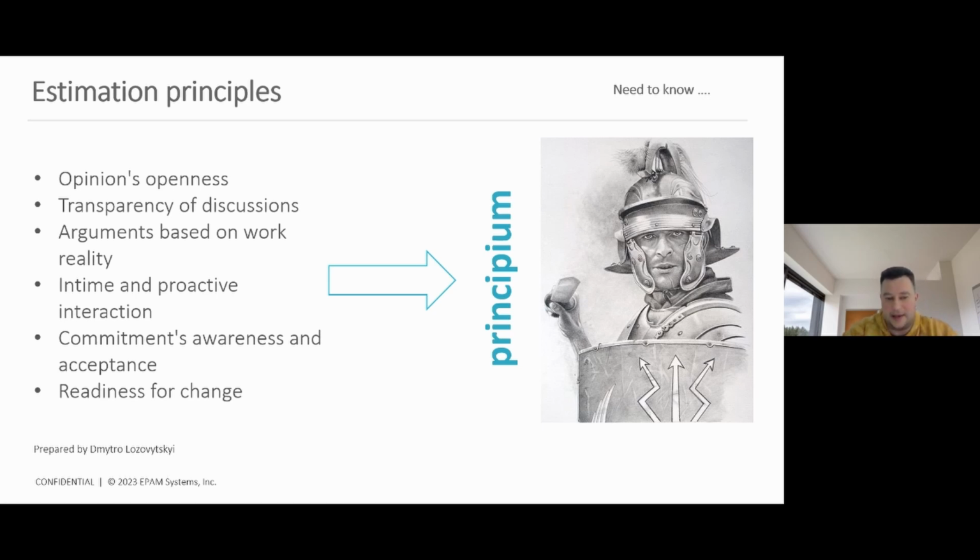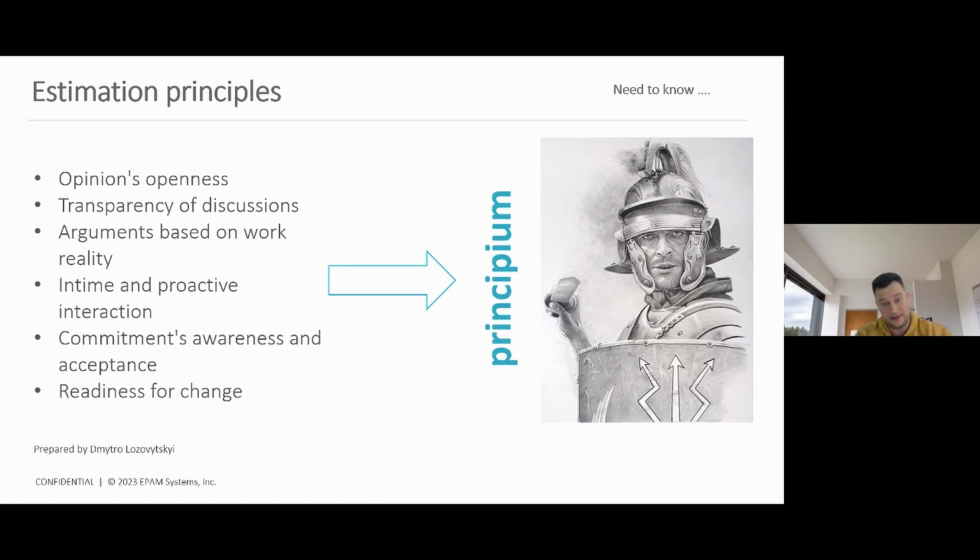Commitments, awareness, and acceptance. Everyone needs to understand what commitments mean. We shouldn't provide our vote automatically. Okay, somebody said it will be 5 story points, blah blah blah, etc. And other guys who don't care about that just give the vote, or a silent vote. And that's all.